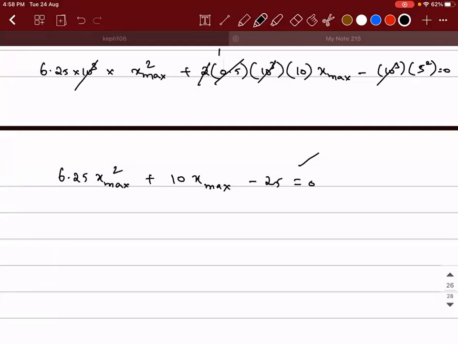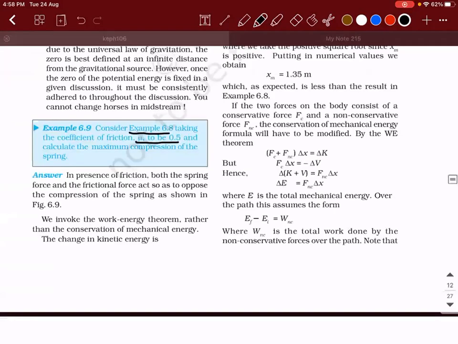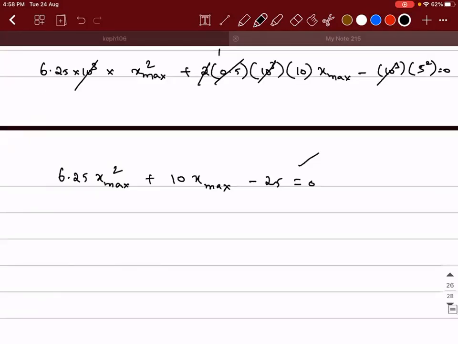Be careful. So, did anyone calculate it by any chance? Before we calculate, tell me, should the value of x max be greater than 2 or less than 2? Think logically and tell me.